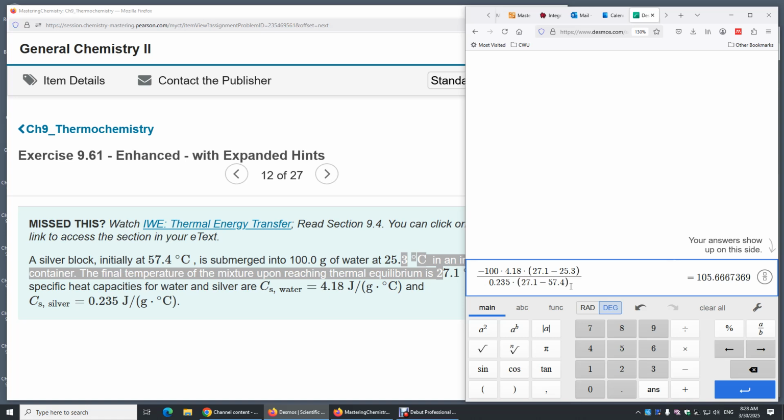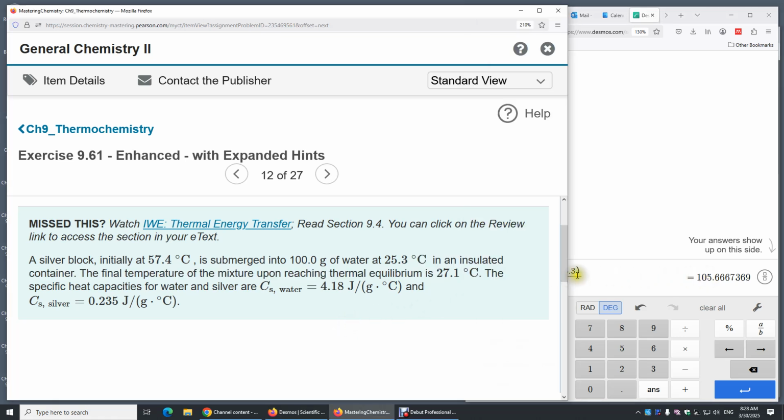That's it. On top, that's Q for silver, or you can say it's Q sub silver. On the bottom, this is the specific heat capacity of silver, and this is the temperature change of silver. This is negative. This part on top is also negative. And then in the end you get the mass 106 grams.